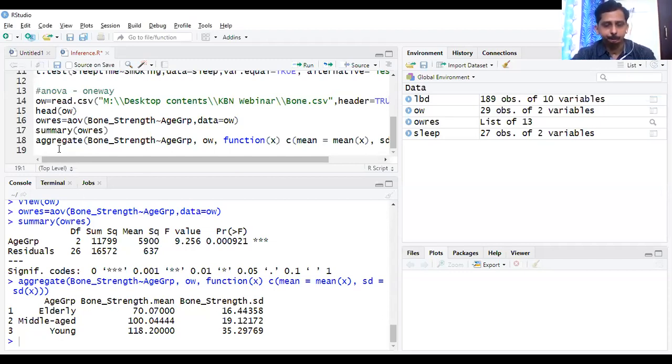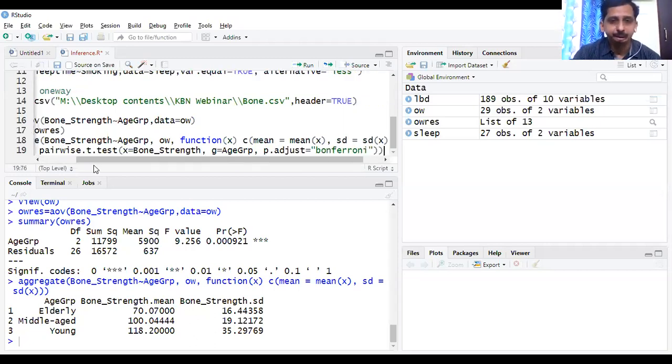That is what we call a post hoc test. Post hoc is nothing but, once the ANOVA is executed and a significant p-value is observed, you need to check further to investigate which pair of groups have similar average values of bone strength and which groups differ with respect to bone strength on average, for which I use a function called pairwise.t.test.